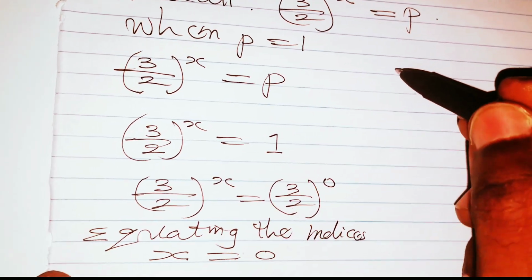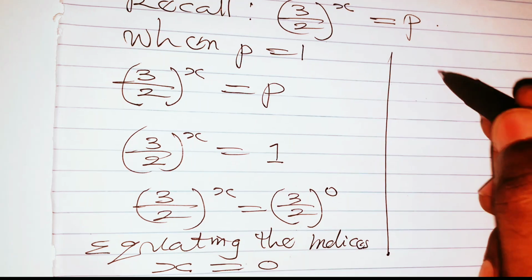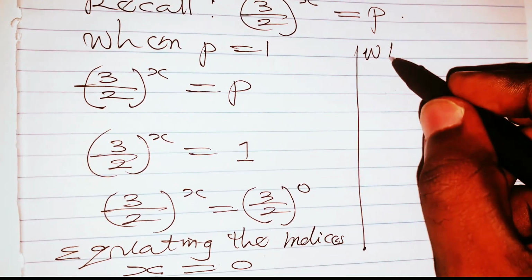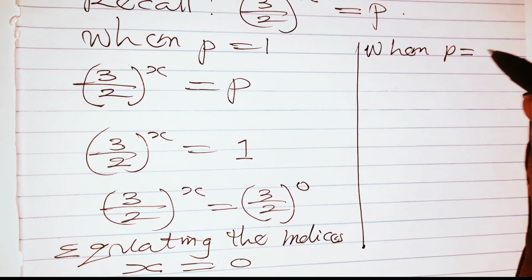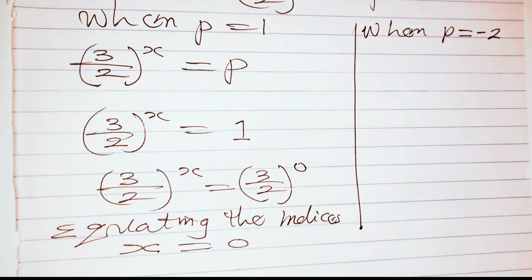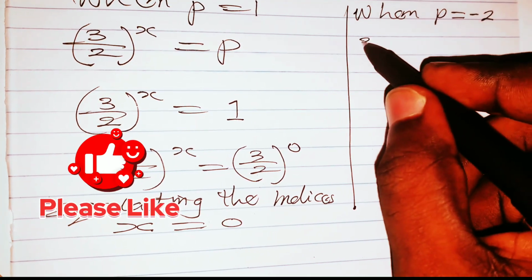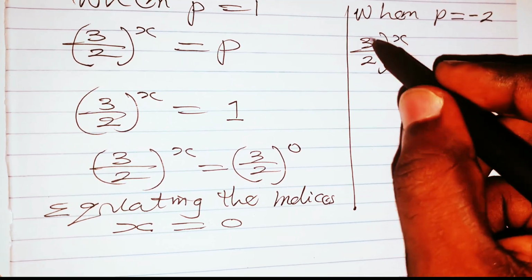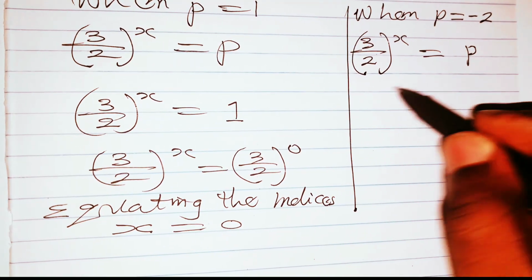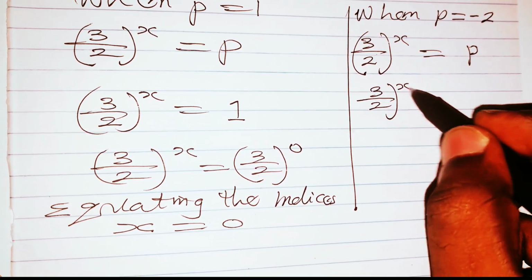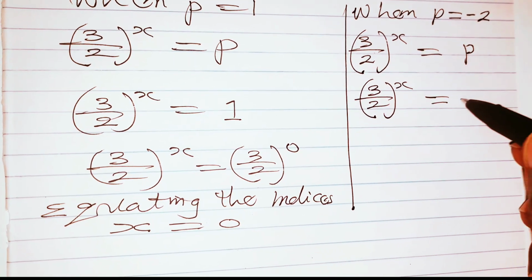So let's check for the other value of p. The other value of p is when p equal to minus 2. So when p is equal to minus 2, let's obtain values for x. Don't forget we have 3 over 2 raised to the power x equal to p. And in this case, we have 3 over 2 raised to the power of x equal to minus 2.